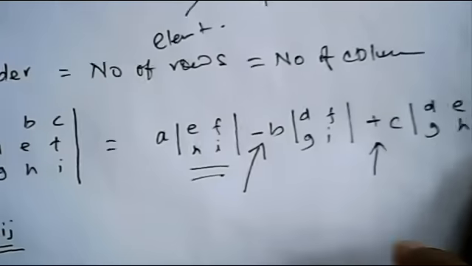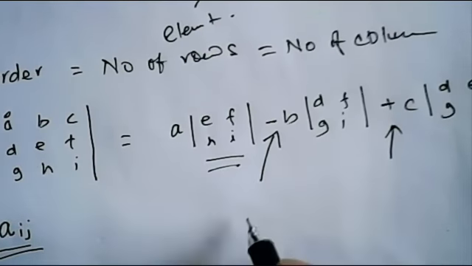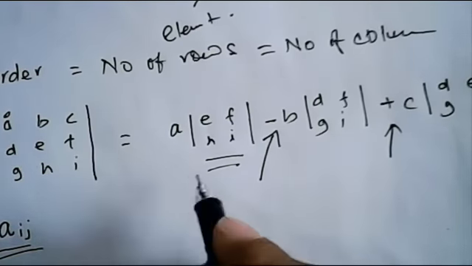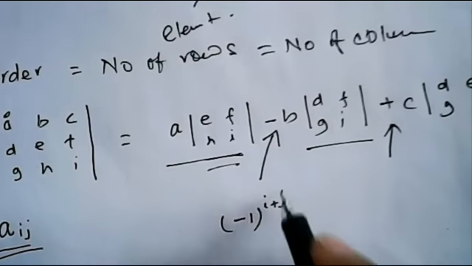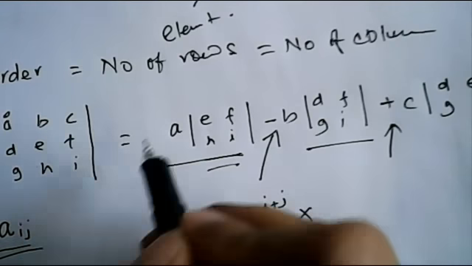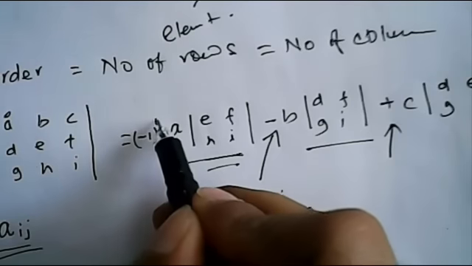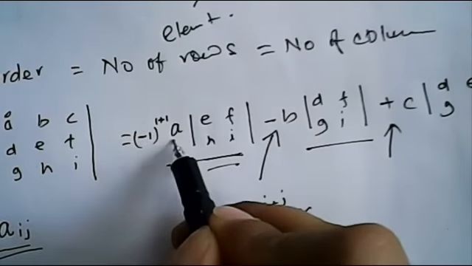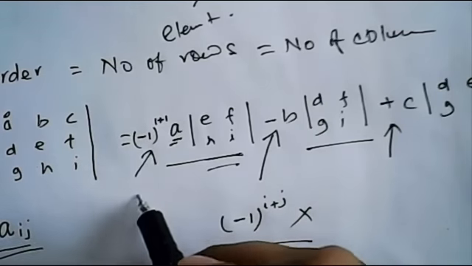To write this sign, we consider that there is always a multiple. Everywhere you have to multiply minus 1 to the power i plus j. So if you write minus 1 with i equal to 1 and j equal to 1 for this element, the power is even, so it turns out to be plus.